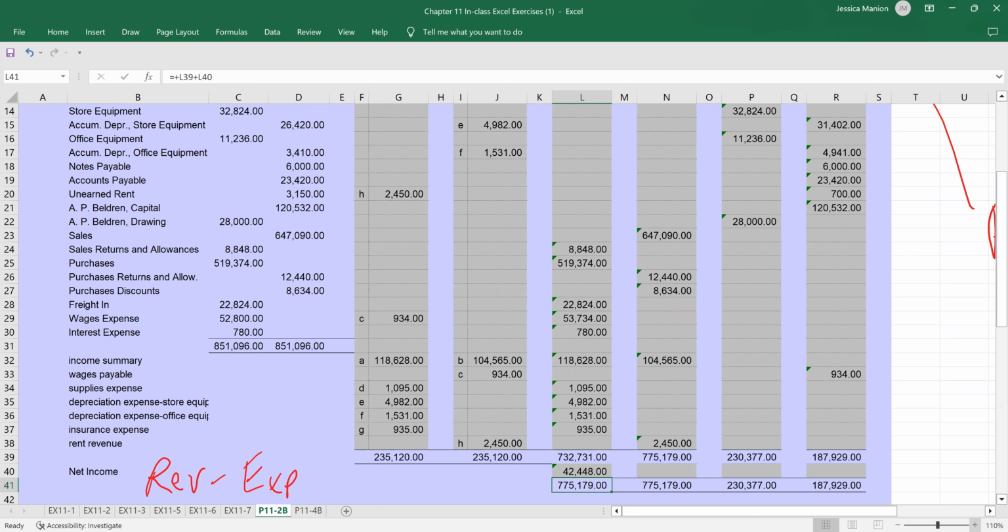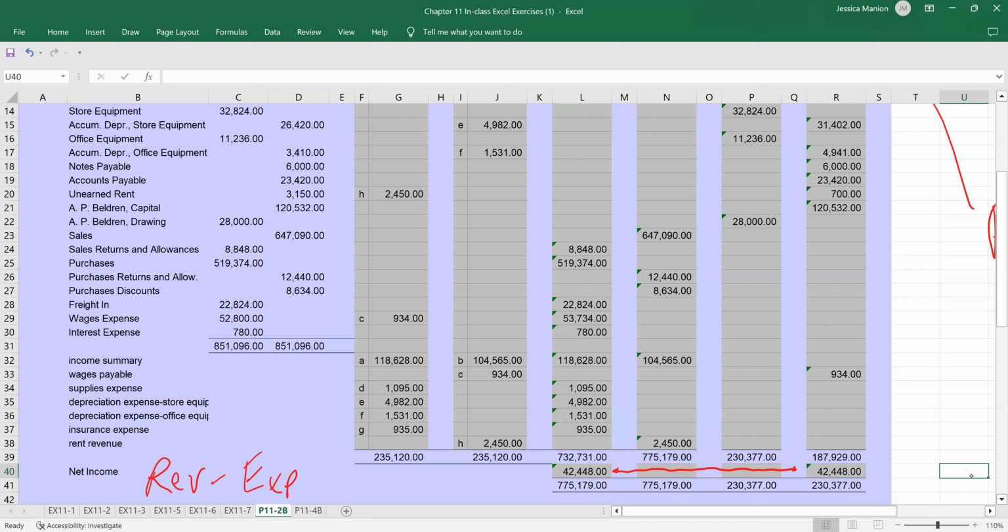So remember that net income flows to the statement of owner's equity, which then flows to the balance sheet in the equity section of the balance sheet. So to double check this, we can say, okay, equals our debits minus our credits, 42,448. Okay, good. And these two equal like they should.